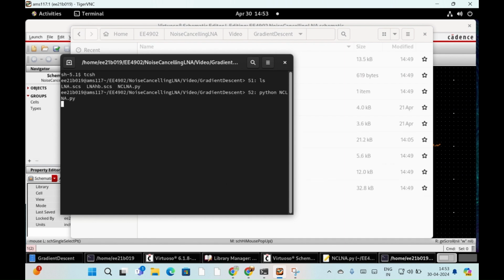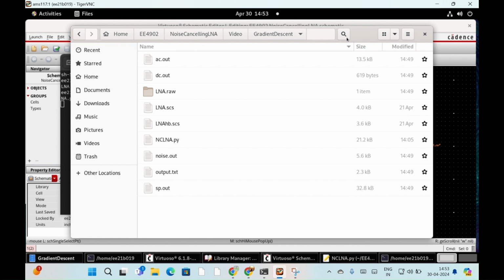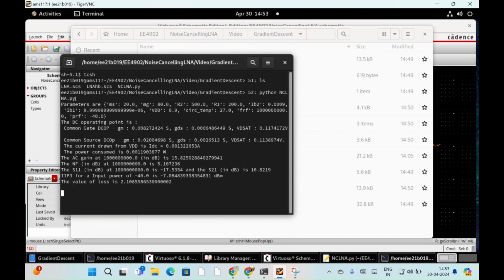As you can see, the code is running. Several files have been created. So as I had shown the initial netlist parameters, these are exactly the same things that have been printed out.